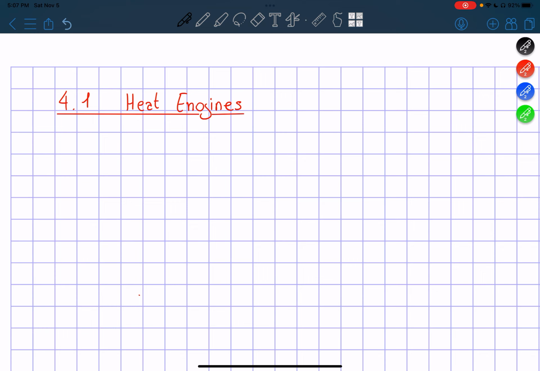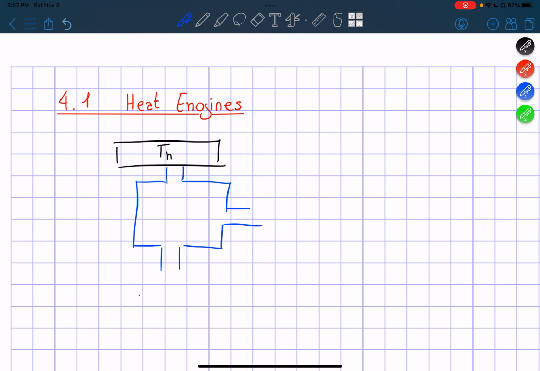Well, looking at figure 4.1, we have a hot reservoir with a temperature. I'm going to call it TH for hot. Then we have the engine. I'm going to do it in blue because it's a little more important. And then we have a cold reservoir.